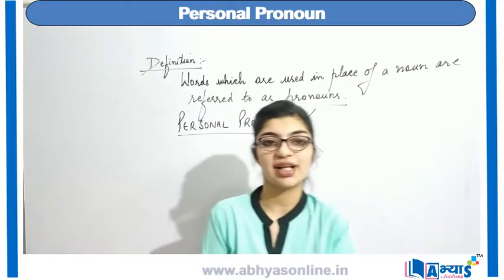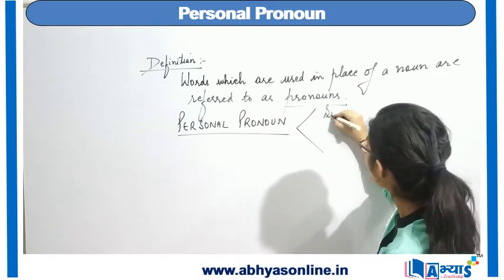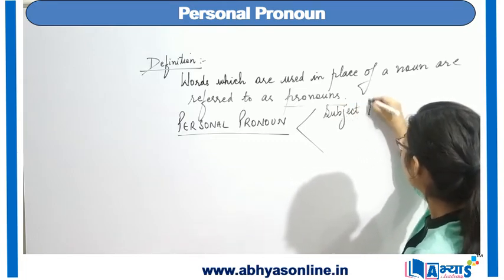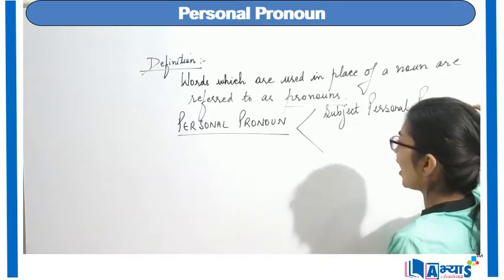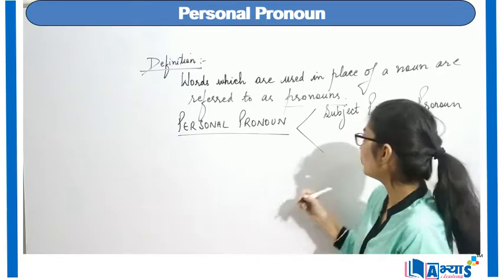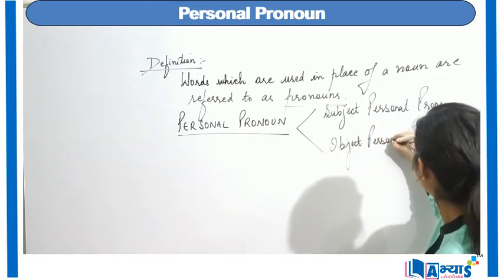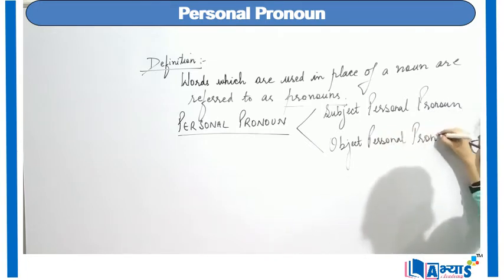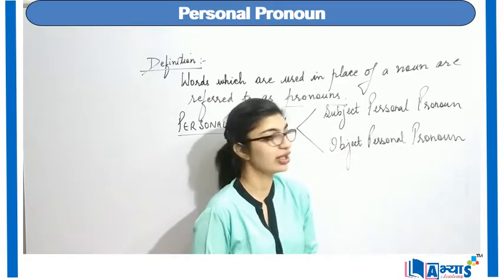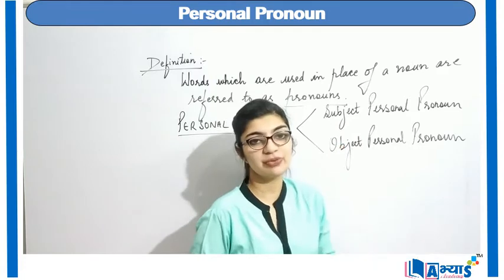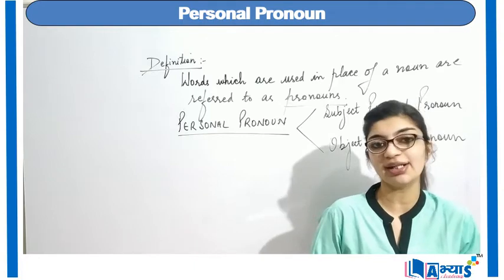So now we are going to discuss the types of personal pronoun. The first type of personal pronoun is subject personal pronoun. And the second type of personal pronoun is object personal pronoun. So first let us discuss what is subject personal pronoun. Subject personal pronoun is that type of pronoun which refers to the subject in a sentence.